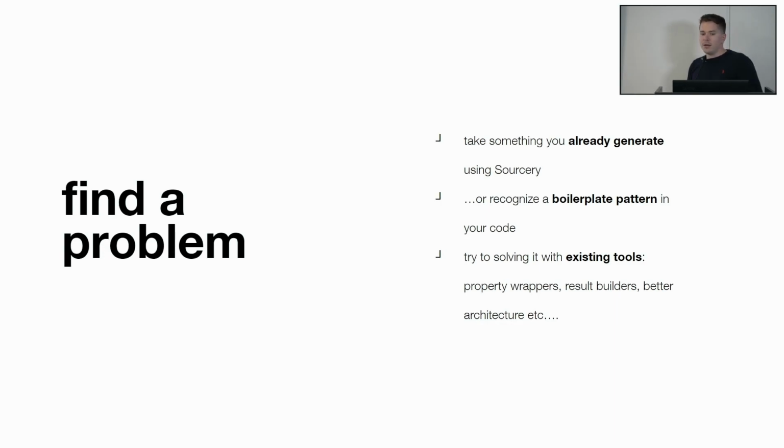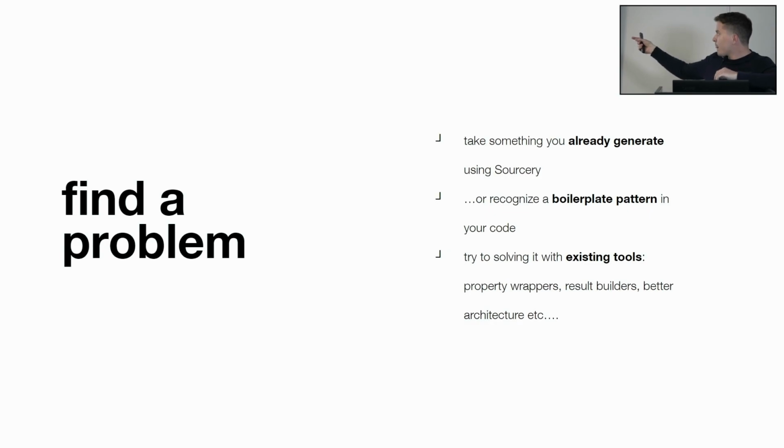Or you can search for some kind of boilerplate pattern in your code. One problem I just came across this week is the registration of SwiftUI environment values, which is completely just boilerplate. And you can find many of these kinds of patterns in your code and decide on trying to solve it with macros.